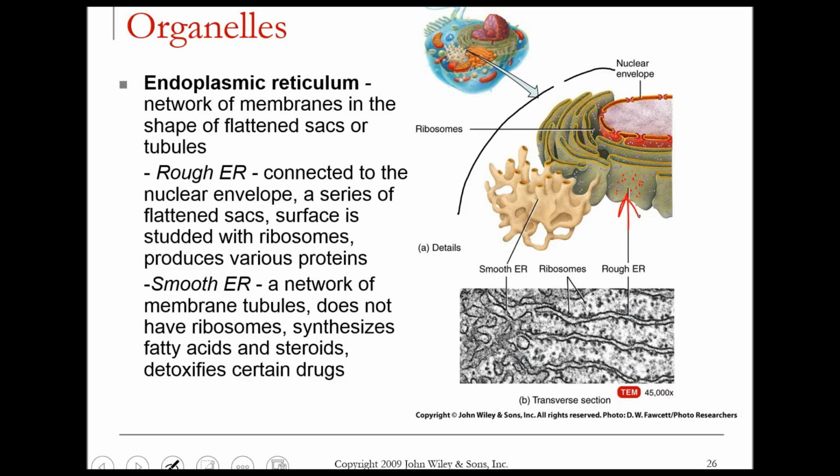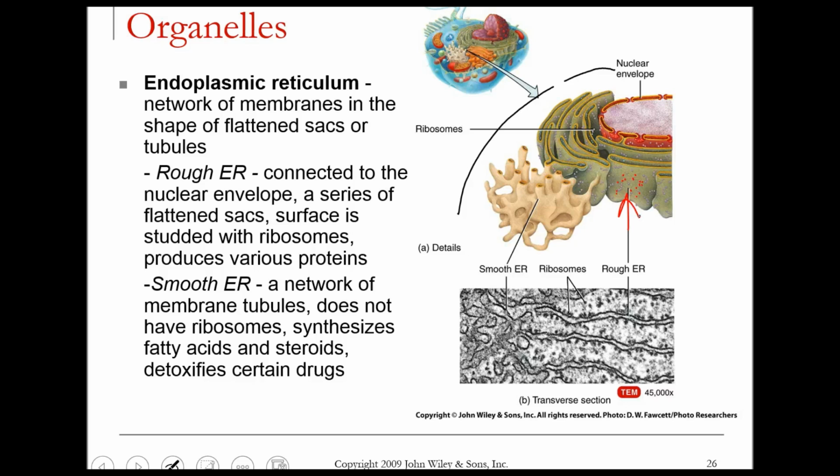This is a picture taken with a transmission electron microscope. Transmission electron microscopes use a beam of electrons that are passed through a very thin section of tissue, and then you can analyze how easily the electrons pass through. It gives you very high magnification of a tissue section. So you can literally see the little dot-shaped ribosomes that are attached to the membrane, which appears as a line.